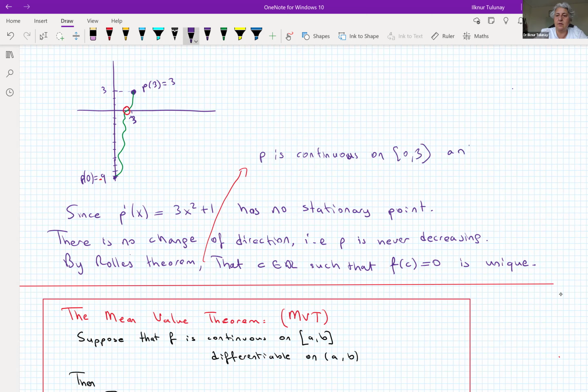and differentiable on the open interval (0, 3). Since this is happening, we can apply Rolle's theorem.